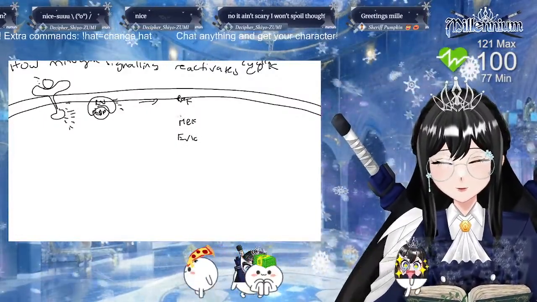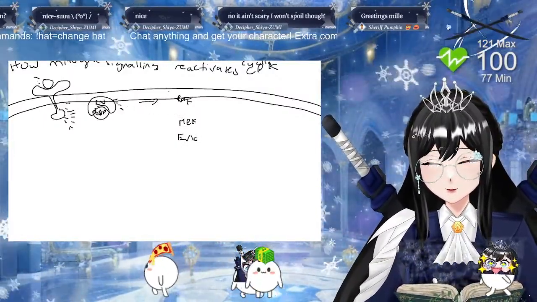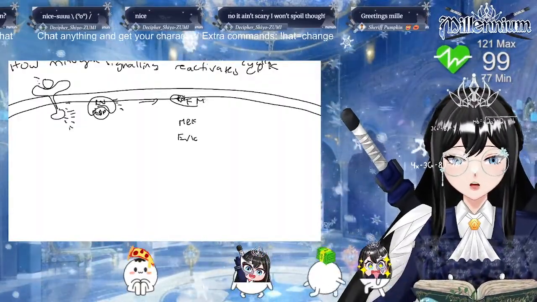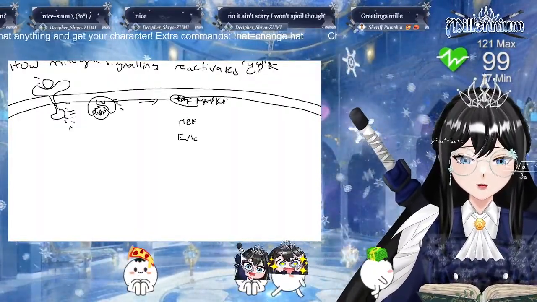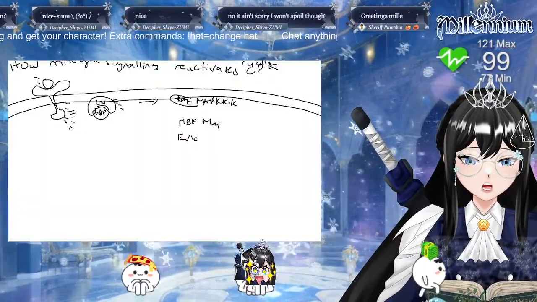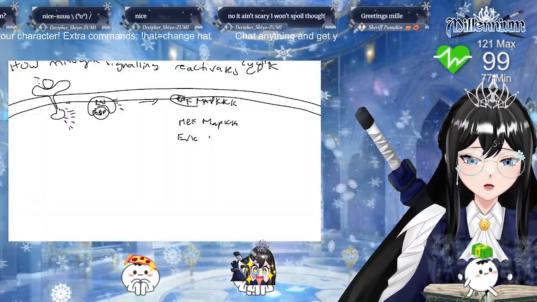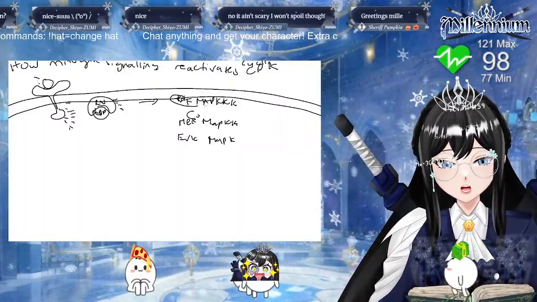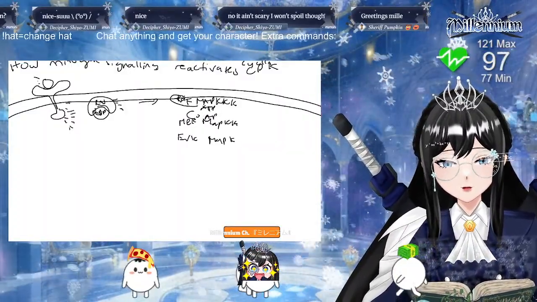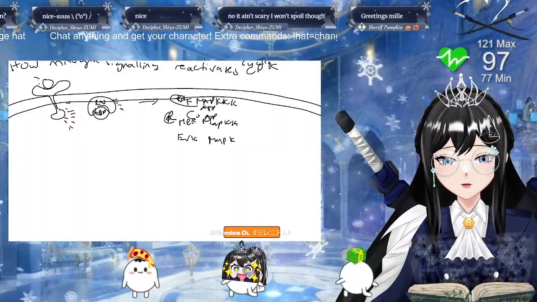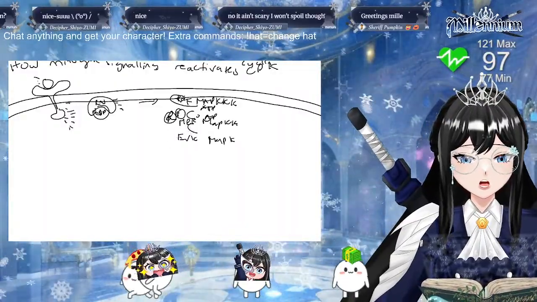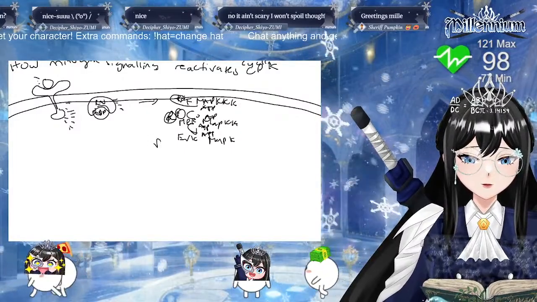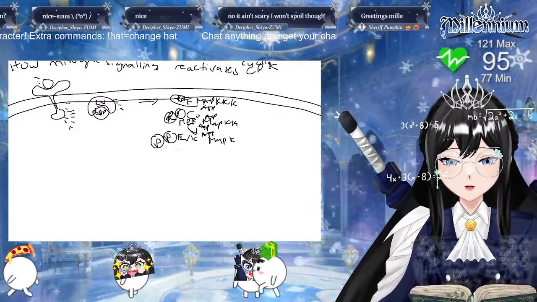Okay? This is now RAS. RAS talks to RAF. RAF is the MAP KKK. MEK is MAP KK. ERK is MAP K. So here is just a cycle of ATP to ADP with double phosphates going on over here.